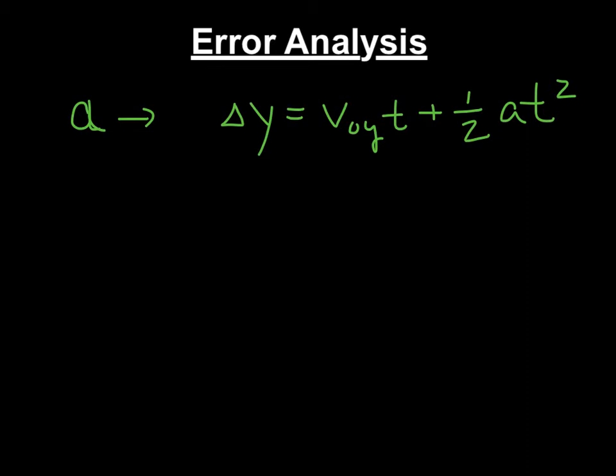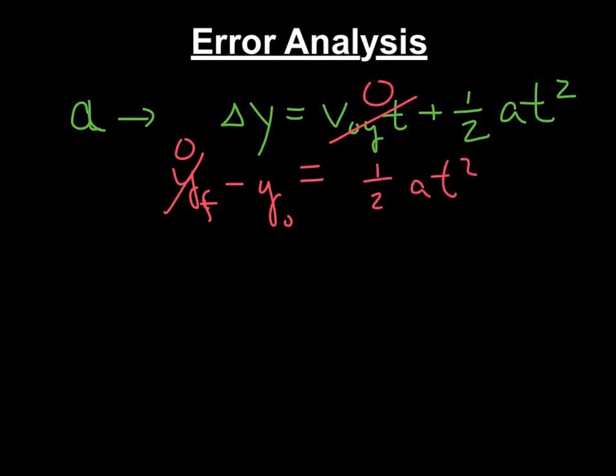So let's derive this real quick. You're calculating acceleration. You know that delta y is your y final minus y initial, whatever it happens to be. You know v naught y actually starts at rest, so you get delta y equals one half a t squared. Your acceleration is gravity, or acceleration due to gravity. That is a huge no-no.